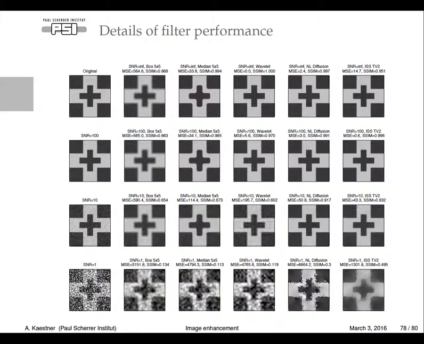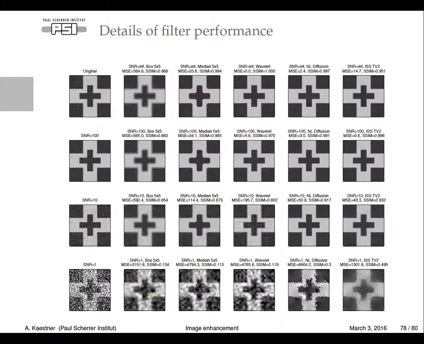And looking at the details in these phantom images, you can see that the box filter is introducing a lot of smoothing. The median filter cuts off the corners to begin with. The wavelet filter looks good here, and these three look pretty acceptable actually. Then when you add noise, coming down to the really bad case, it's difficult to see the structures and where the boundaries are. The box filter doesn't perform really well. You can get a really blobby result.